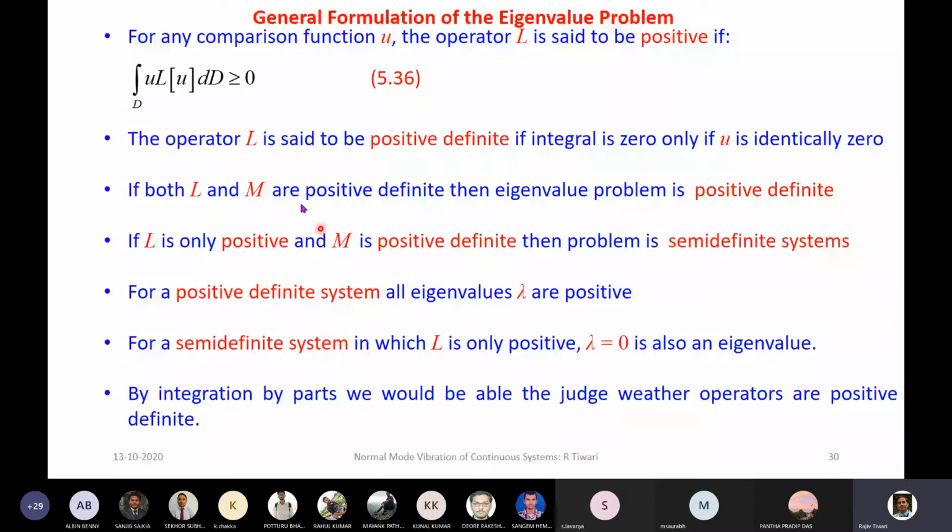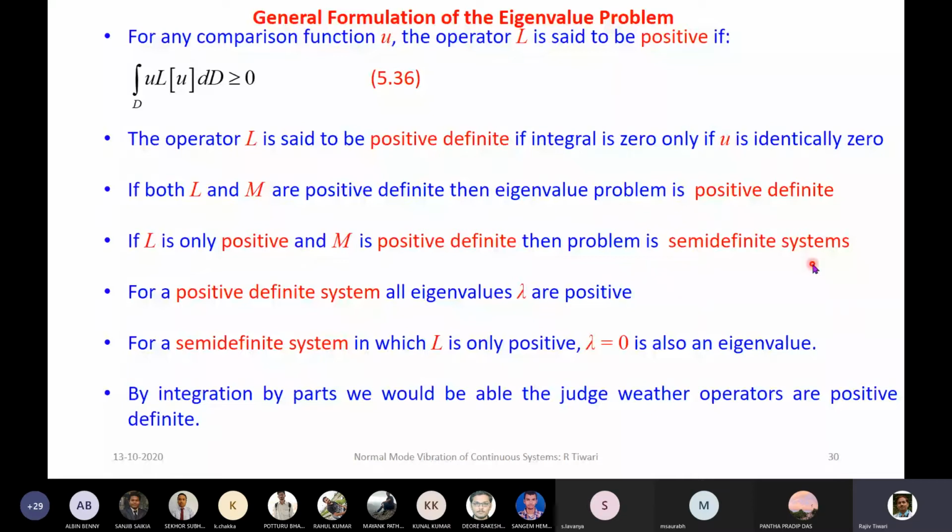The L operator, which is related with the elasticity, can be positive or positive definite depending upon this particular definition. If both L and M are positive definite, then the eigenvalue problem will be called positive definite. If L is only positive but M is positive definite, then this will be called a semi-definite system.